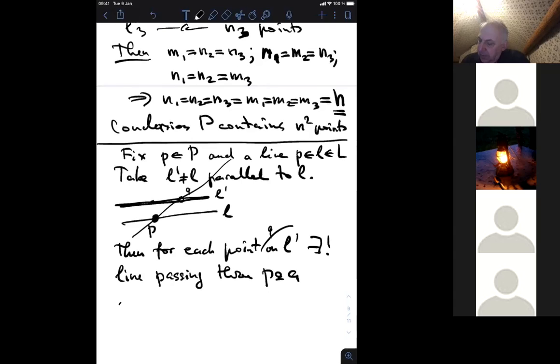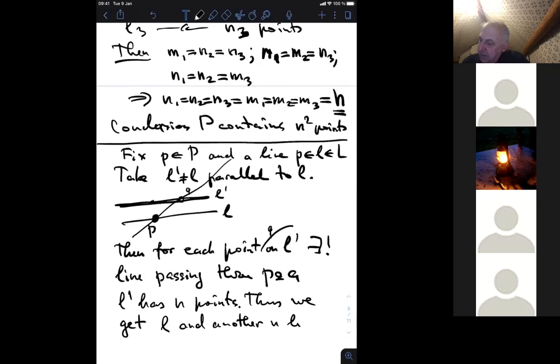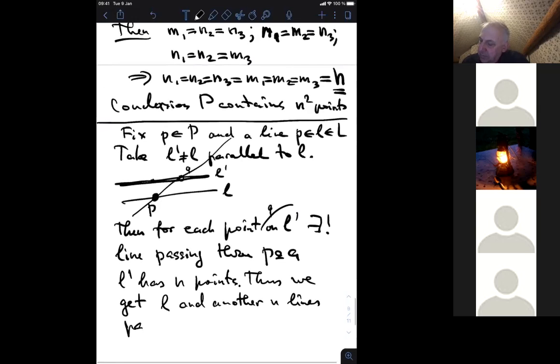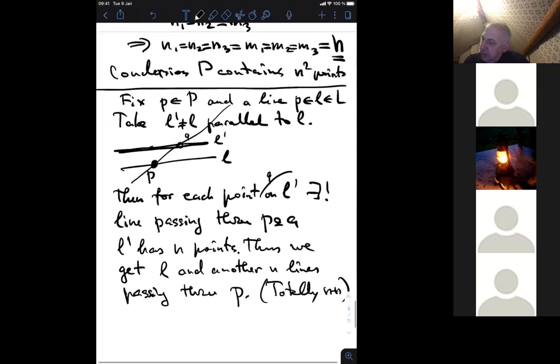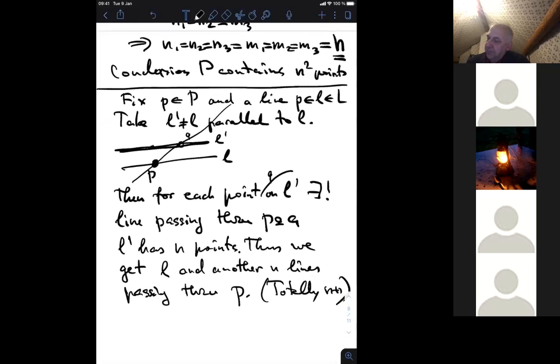So L prime has n points. Thus, we get L and another n lines passing through P, so totally n plus 1. And the claim is that there is no other line passing through P.